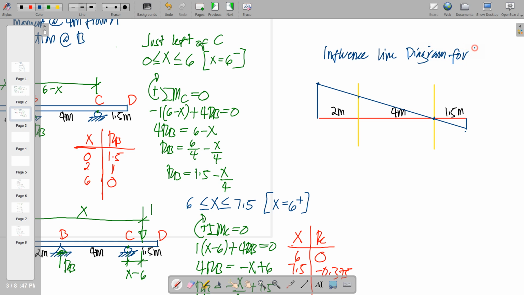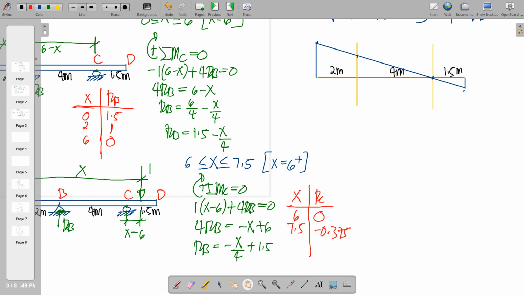for RB. And if we wanted to summarize that one, because we are actually concerned with, sorry, didn't notice this. This should be RB.